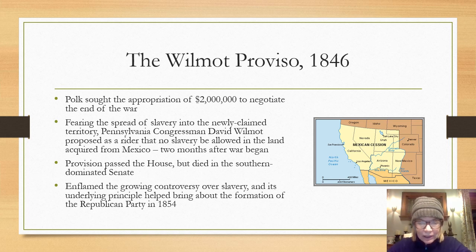But what happened, this created more of a wedge between the North and the South over the issue of slavery, because the South was infuriated by it, and so was the North that it didn't pass. And so this was just one more thing that exacerbates tensions between the North and the South, leading to the Civil War. And this is also going to help to bring about the creation of the Republican Party, who wins the presidential election of 1860, of course, with Abraham Lincoln.